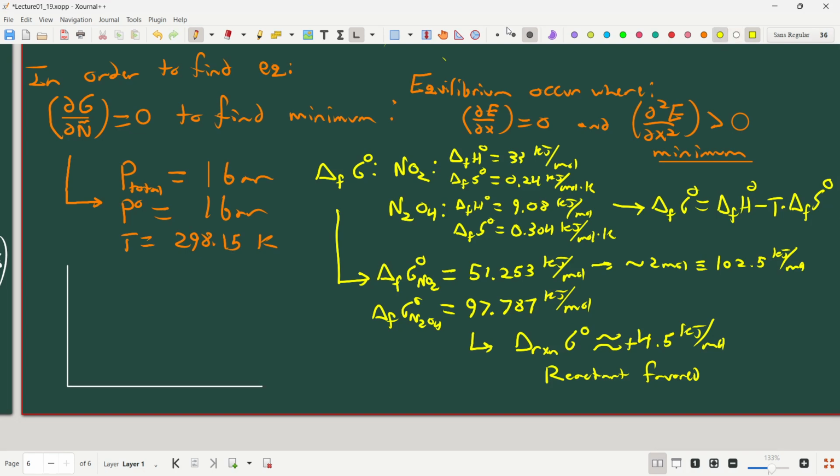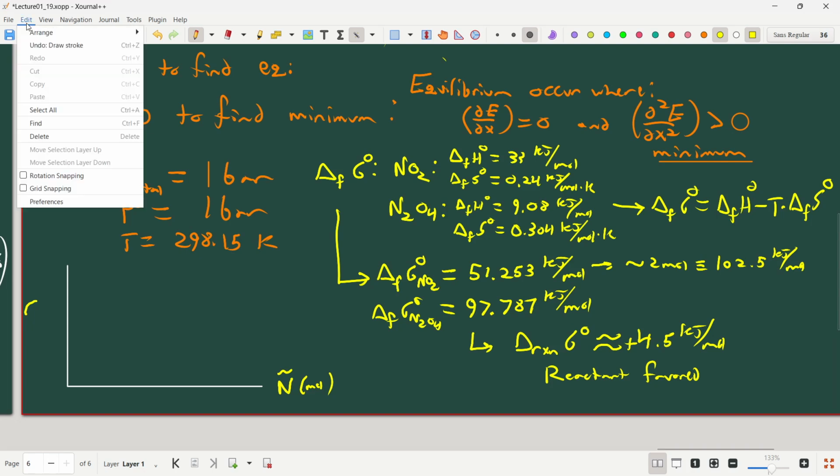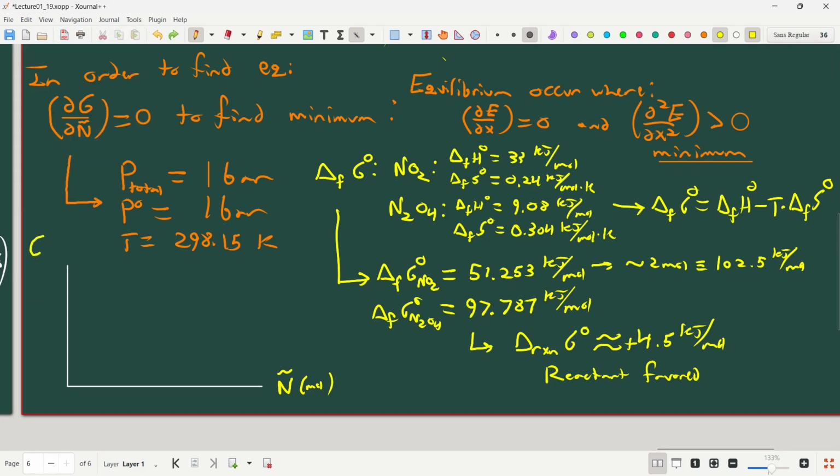I'm going to plot on the x-axis the reaction extent, which of course has units of moles, and I'm going to plot delta G of the reaction at any point as a function of n. And n can run from 0 to 1, because there's 1 mole of reactants, and this tracks the loss of reactants. So 0 and 1 are our 2 options here.